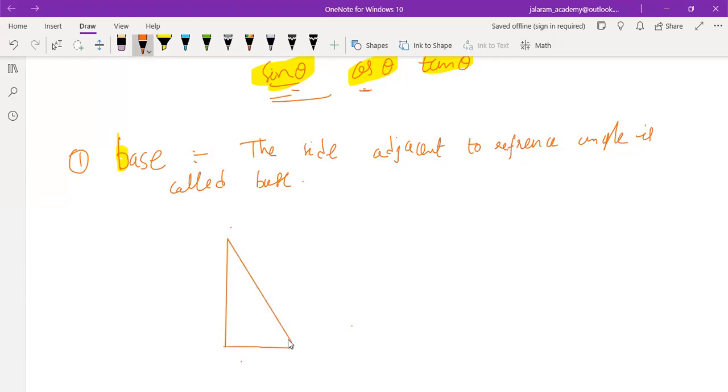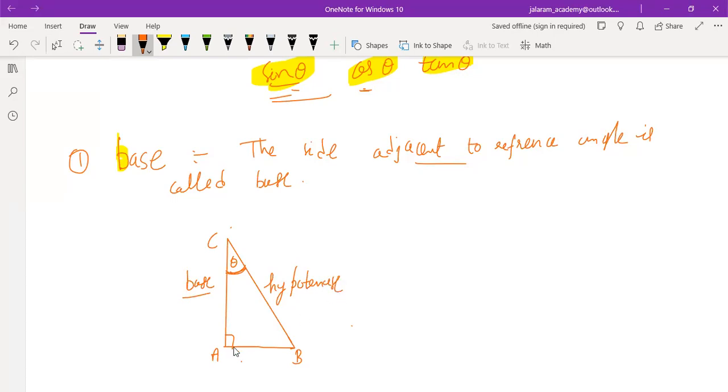I have discussed it already, but when I am asking, you all are not able to tell. If ABC is a triangle, then this side is base, not the side at the bottom. The side adjacent to reference angle. Adjacent means this side is already, we know that is hypotenuse.